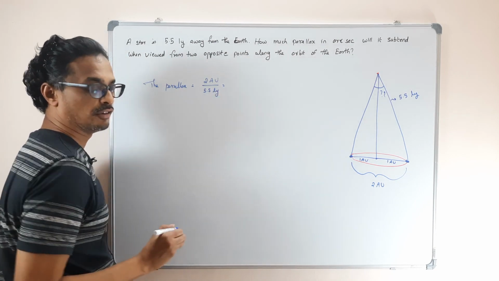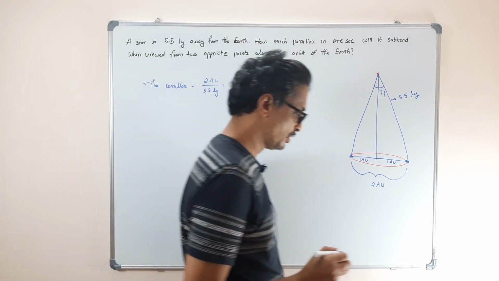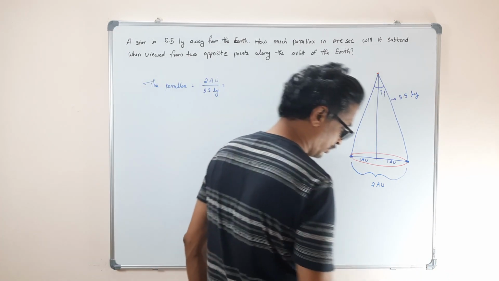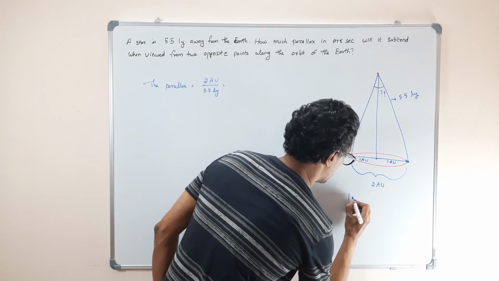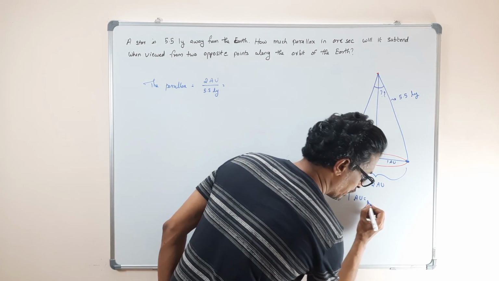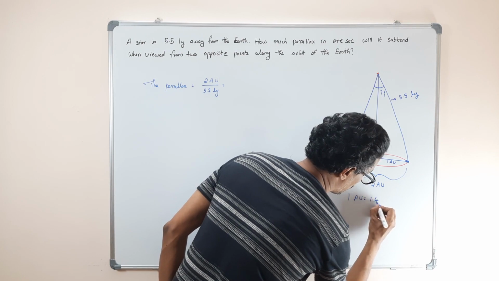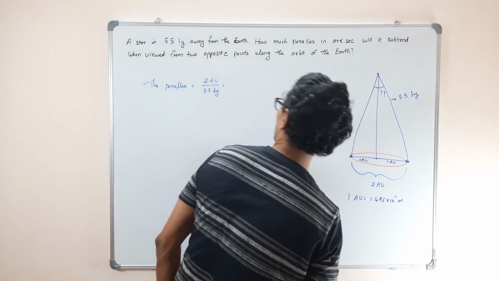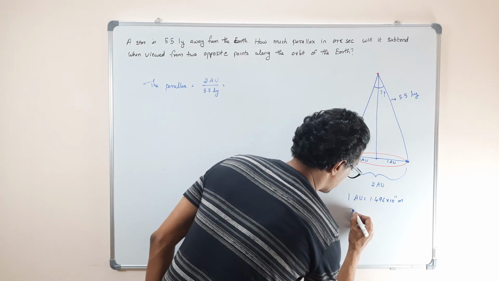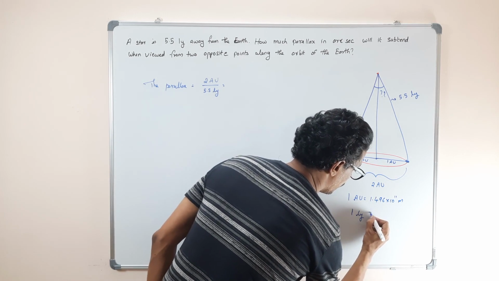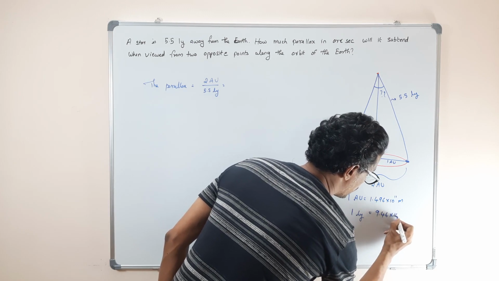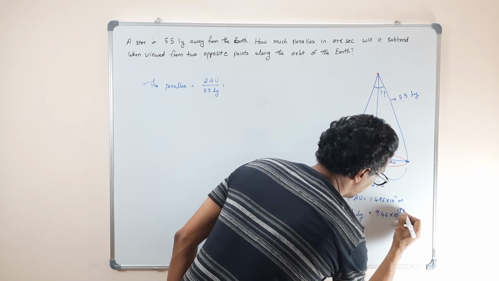First thing is we have to convert them into the same units, right? So what is the 1 AU unit? If you remember earlier I said 1 AU is equal to 1.496 into 10 to the power of 11 meter. Similarly 1 light year equals 9.46 into 10 to the power of 15 meter.